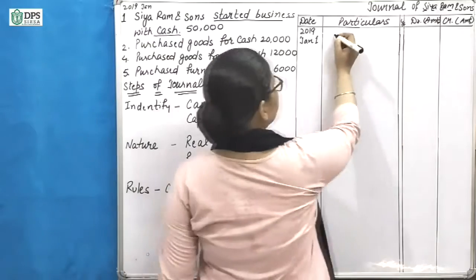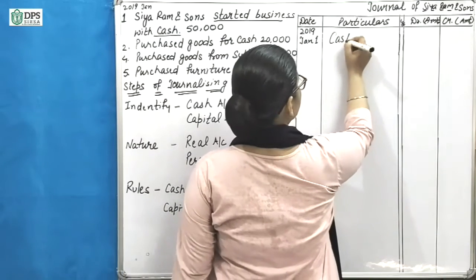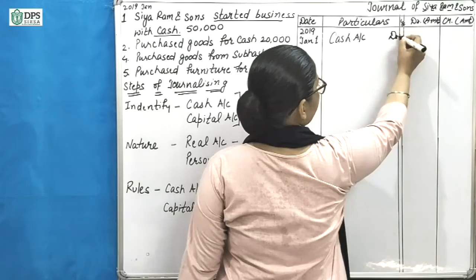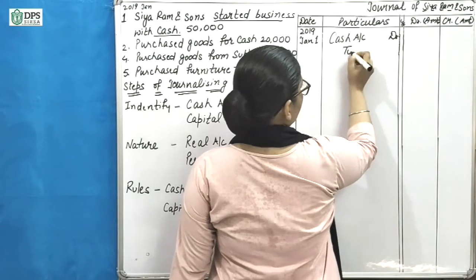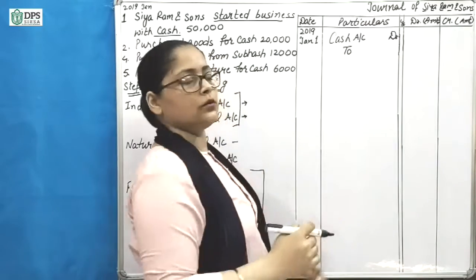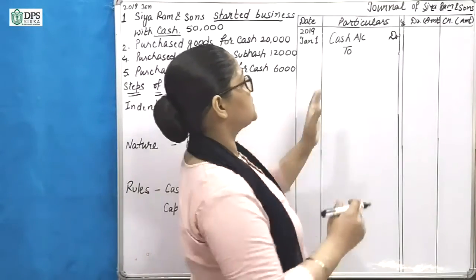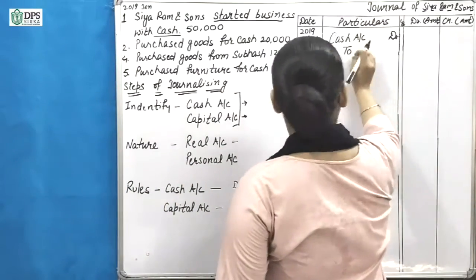So here we will write cash account, and here at the last we will write debit, to. In the previous video I have told you that to will be written here. Why? Because to make it separate.